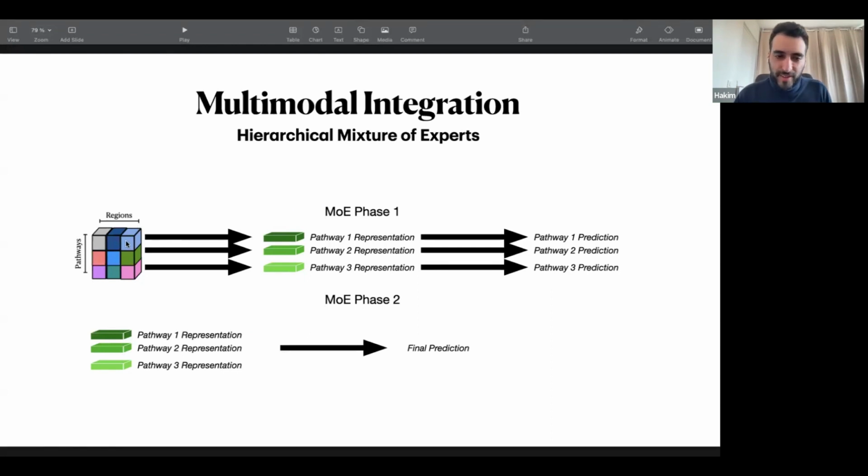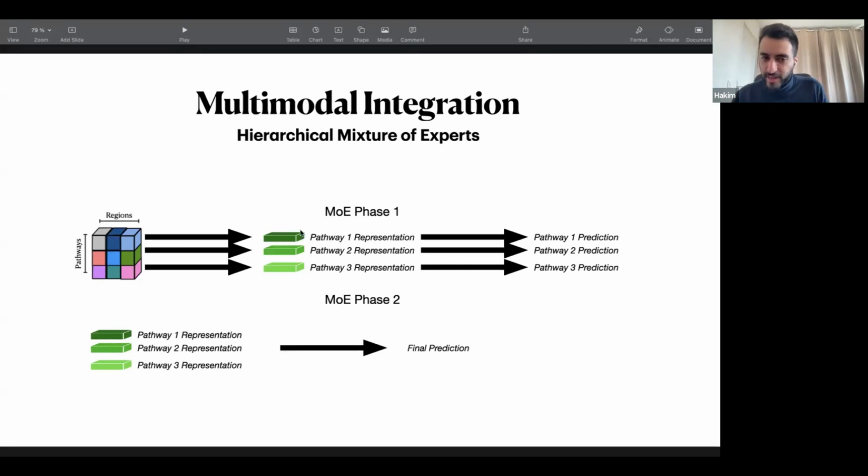In the first phase of the mixture of experts, we use each line of the tensor to optimize the prediction for each pathway independently, so that we learn the weights of the regions inside the pathway independently, and the weights are still robust inside the pathway.